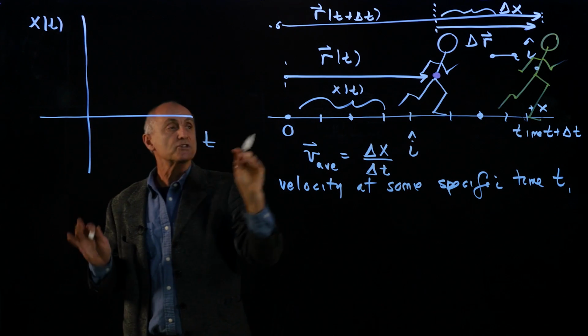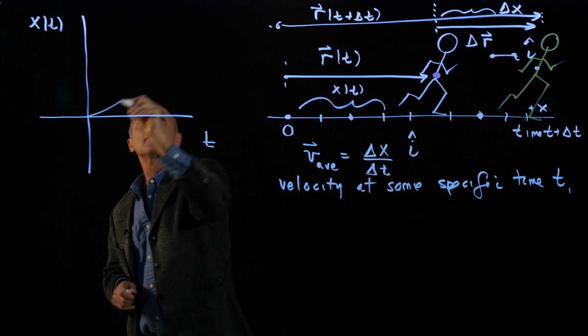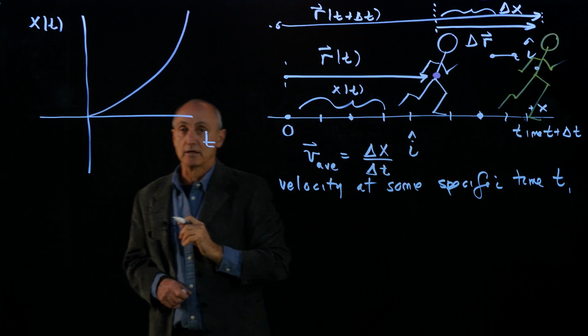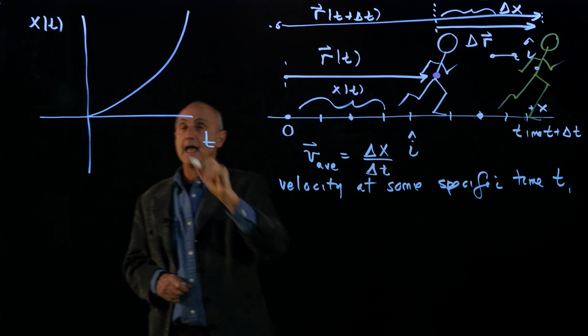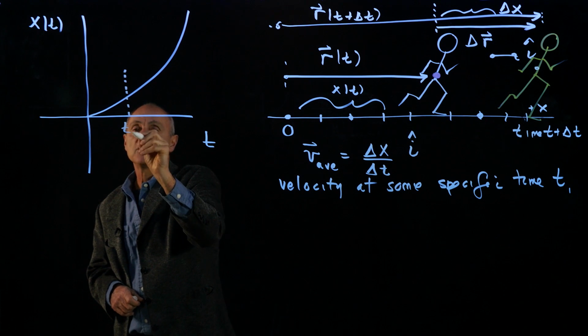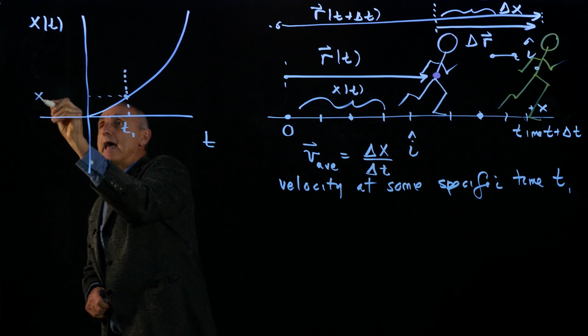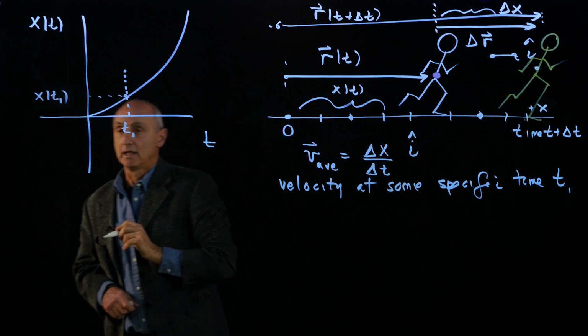Now, let's say that the runner started at the origin at time equals 0, so I can make some arbitrary plot of that position function. And let's indicate in particular the time t1. What this represents is x of t1.